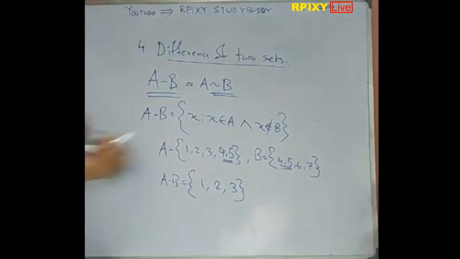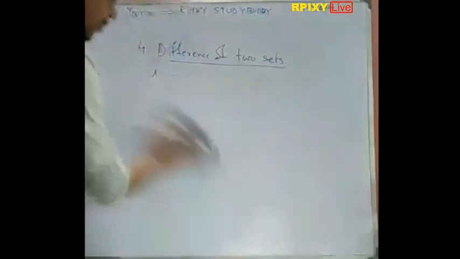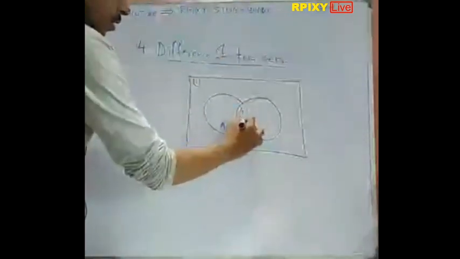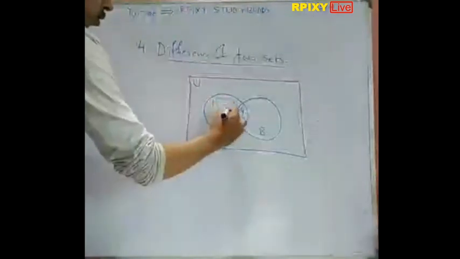Now what will be the Venn diagram of this? Suppose this is the universal set U. This is set A. This is set B. Inside A, what are the common elements? 4 and 5. And inside A there are 1, 2, 3.